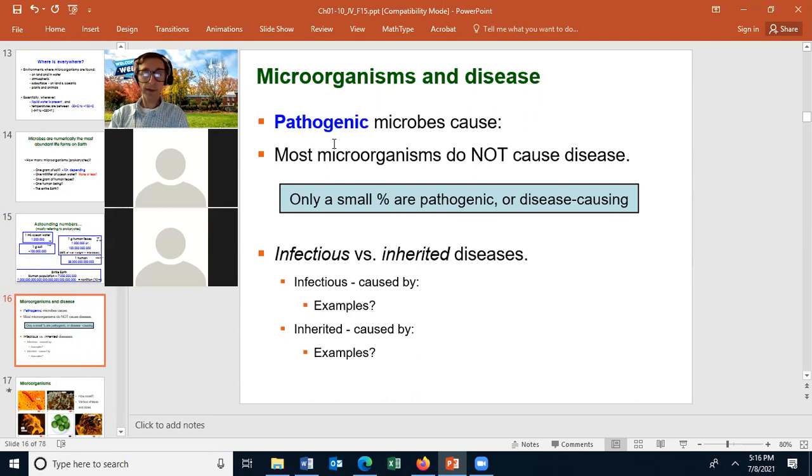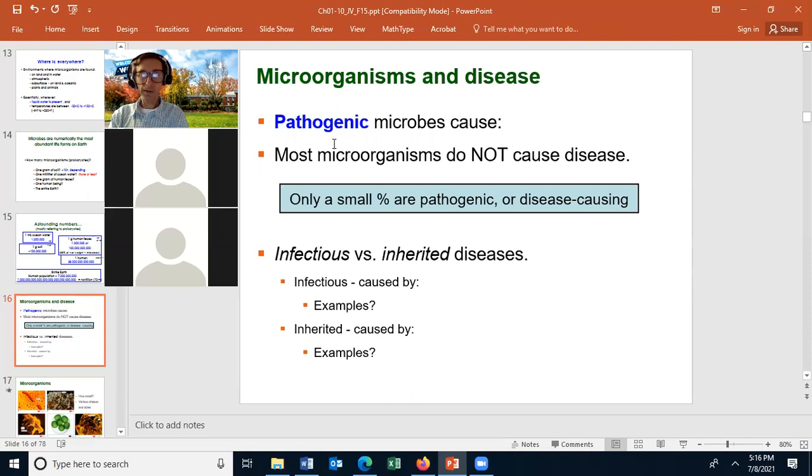So we should separate diseases into 2 types: infectious diseases and inherited diseases. Infectious diseases are caused by a microorganism. And can anyone give me an example of an infectious disease? Nobody's going to give me an example?